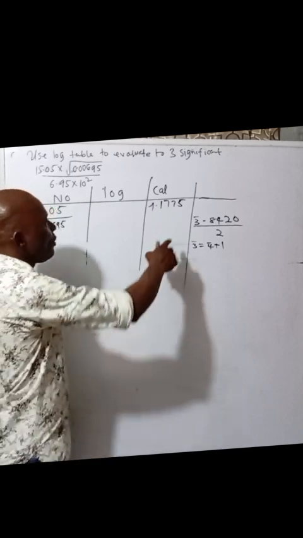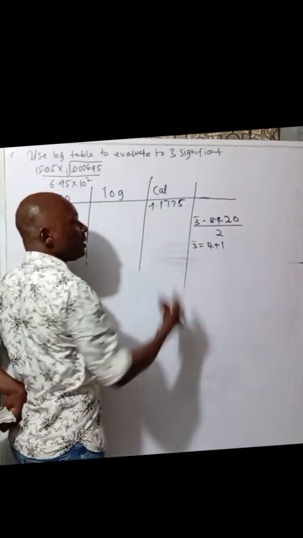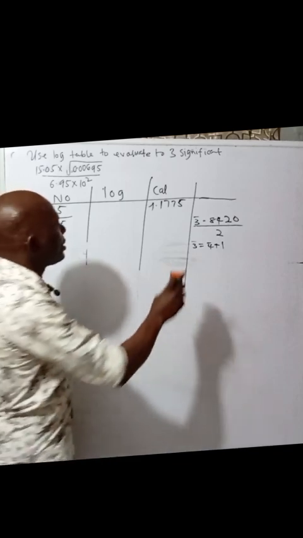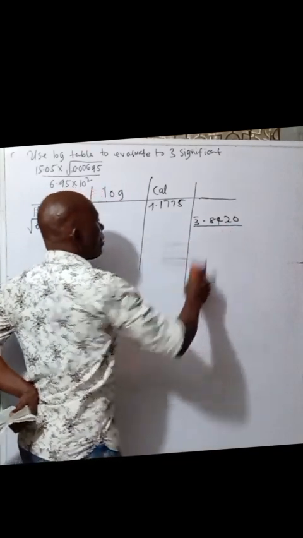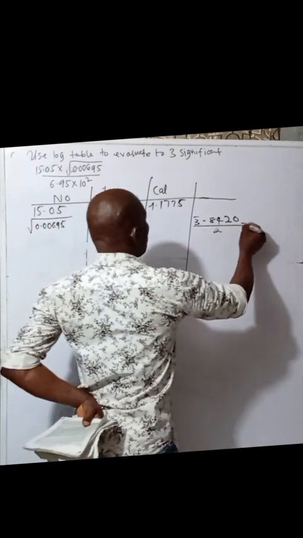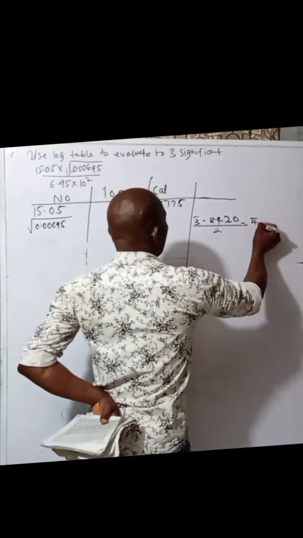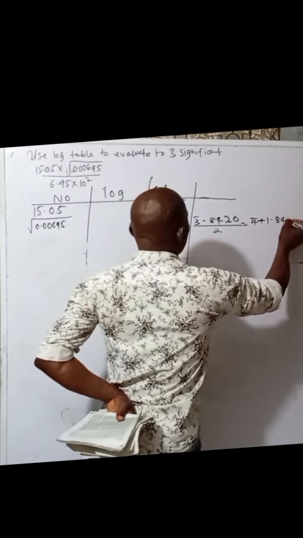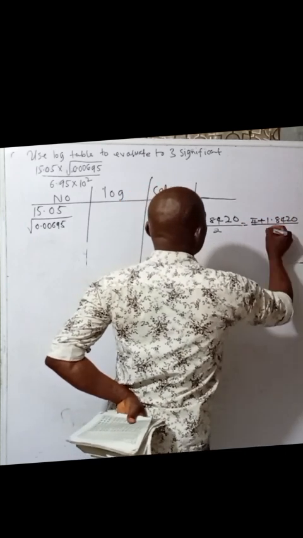Otherwise, if we divide in this nature, it will affect the final answer. So what we do here is simple, by doing this adjustment. So this becomes bar 4 plus 1.8420 divided by 2.